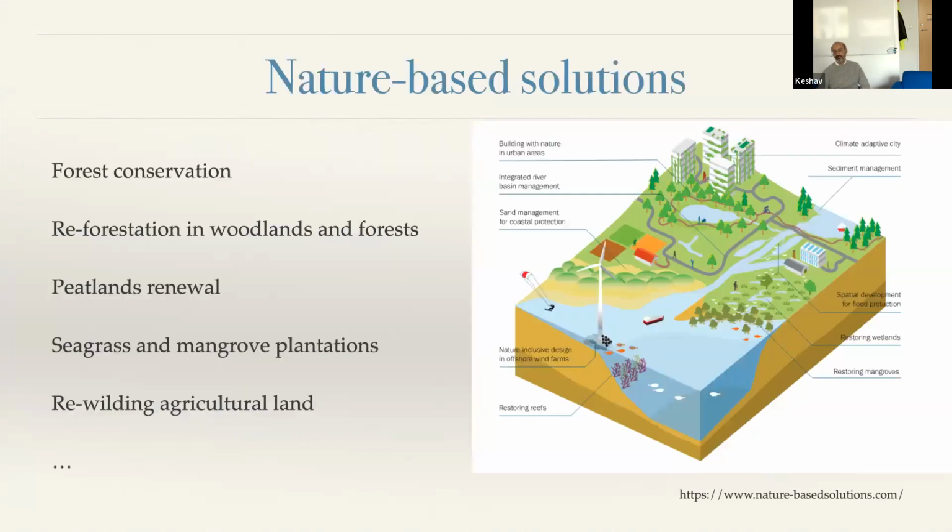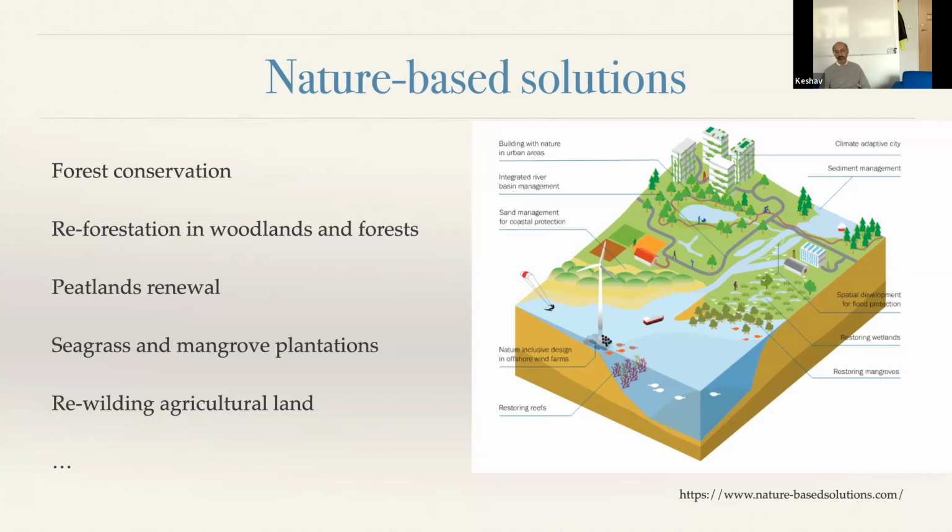There's something called nature-based solutions, which are essentially approaches of working with nature to solve simultaneously both the climate and the biodiversity crisis. For example, peatlands renewal is something that's happening near Cambridge in the Fens. You are trying to re-wet the peatlands, and by doing so, you can sequester carbon in the soil, drawing down carbon from the atmosphere.